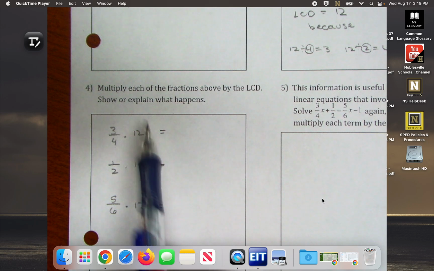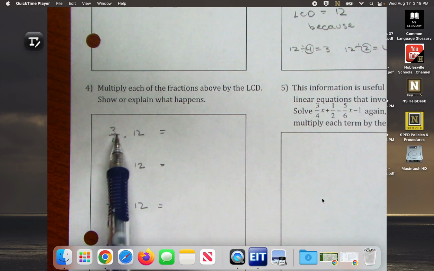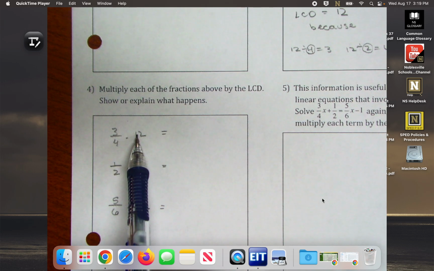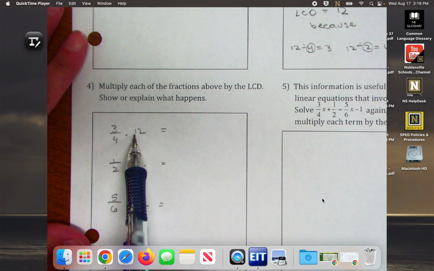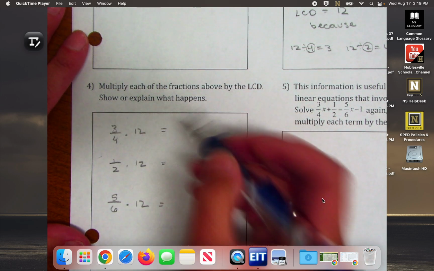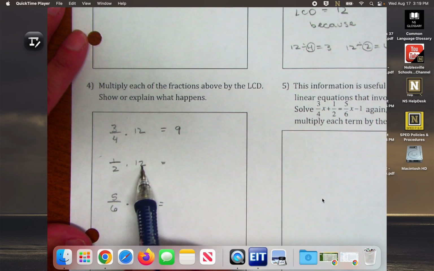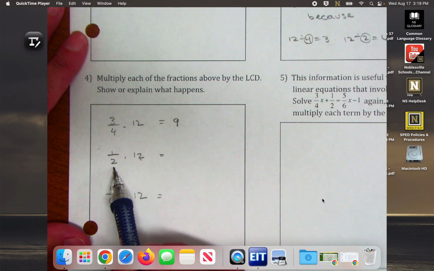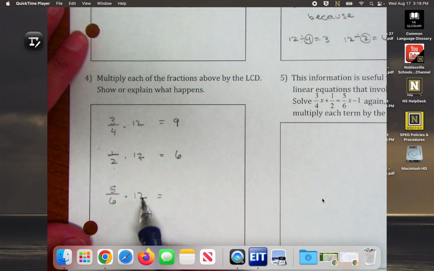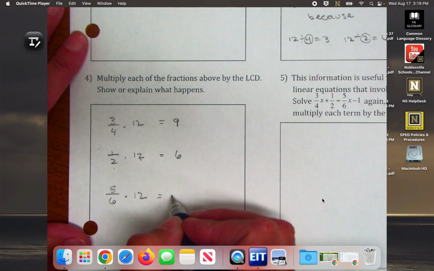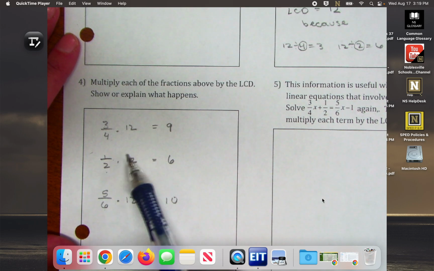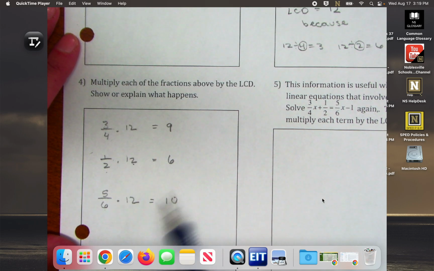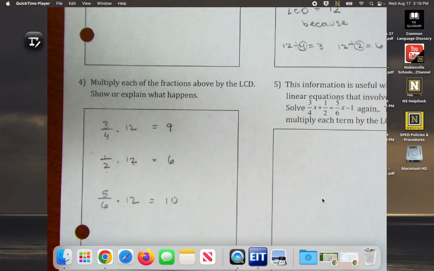You have to put the 1 under the 12. 3 times 12 divided by 4 is 9. 1 times 12 divided by 2 is 6. 5 times 12 divided by 6 is 10. Okay, so by multiplying each of these fractions by the same least common denominator, we end up with nice, more manageable, easier to use whole numbers.